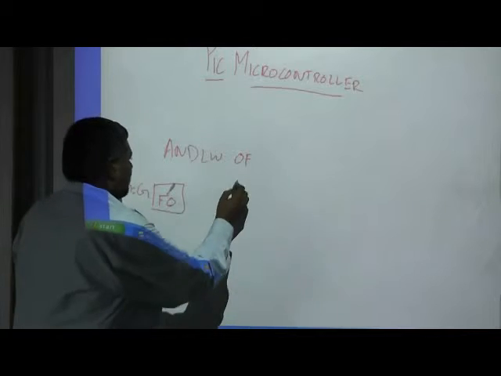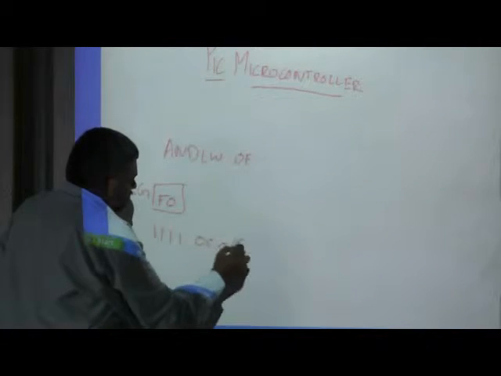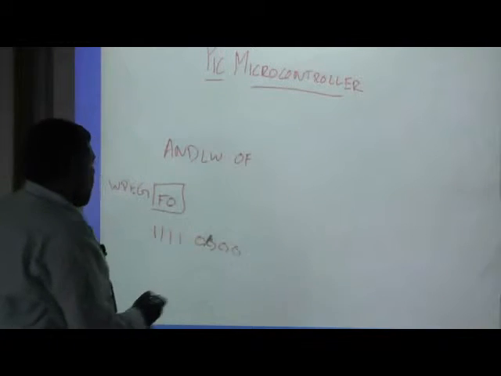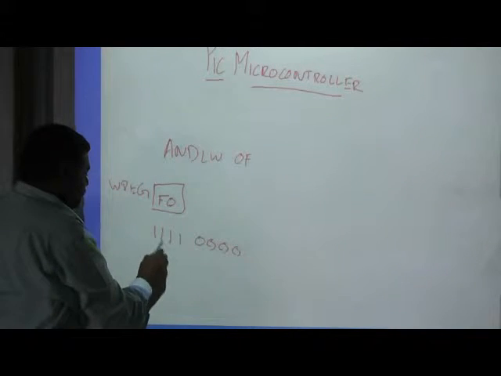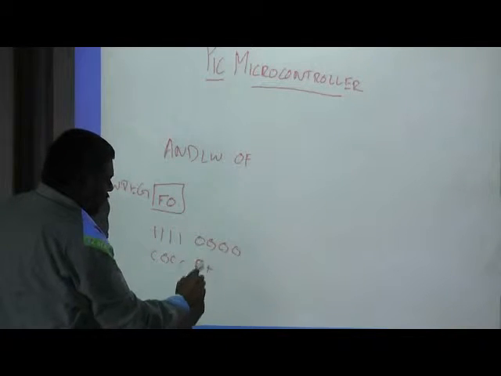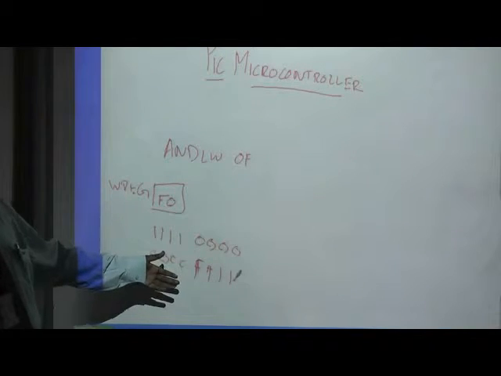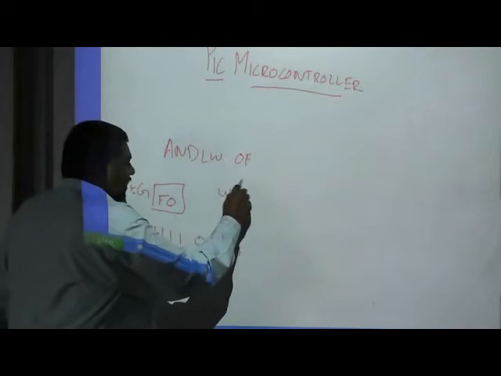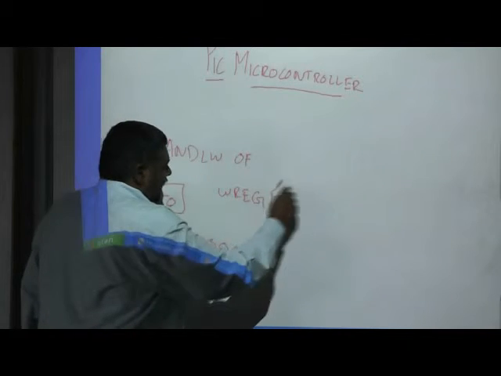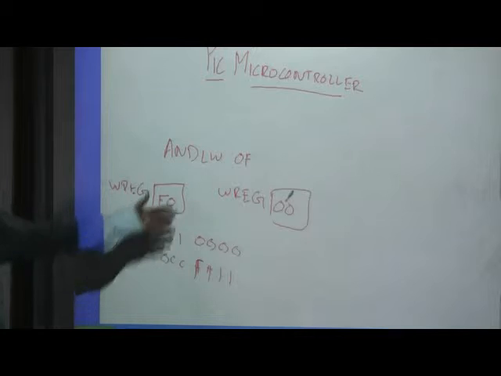My resultant is, just for an example, 1111 0000, and I am going to just AND 0000 1111. I am sorry. If I AND both, my resultant would be 0. My W register will have, after executing this instruction, the content 00. This is how this instruction is being executed.